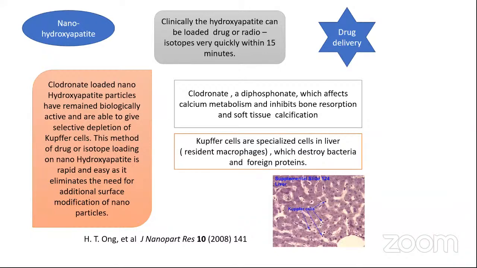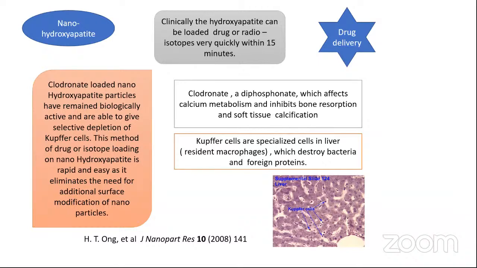So this is a very important part in our body. It is a diphosphonate type of compound. Clodronate-loaded nanohydroxyapatite particles have remained biologically active and are able to give selective depletion in the Kupffer cells.